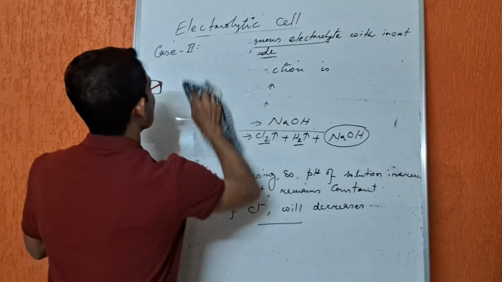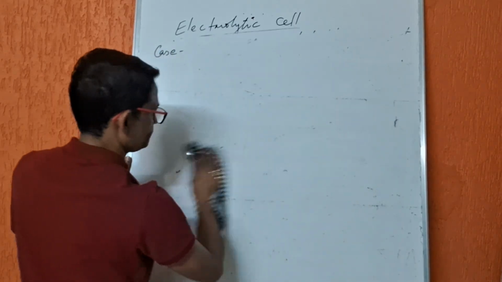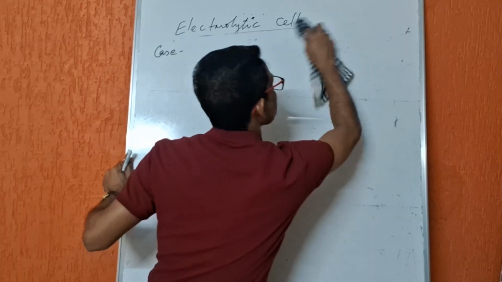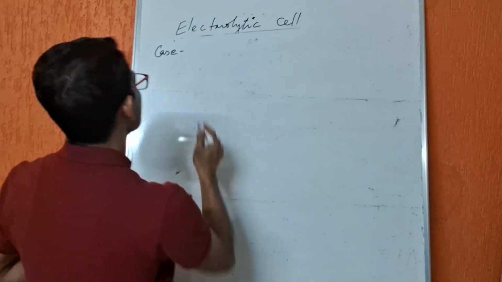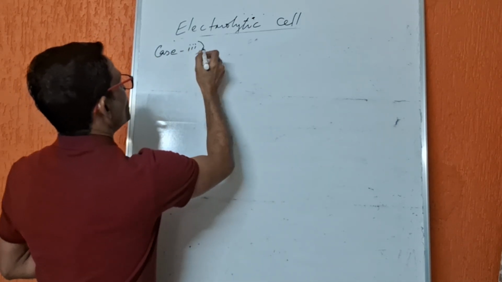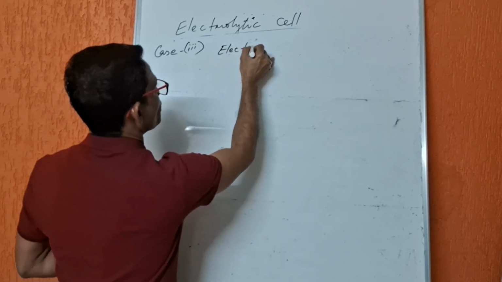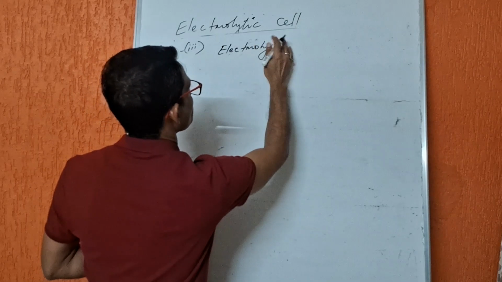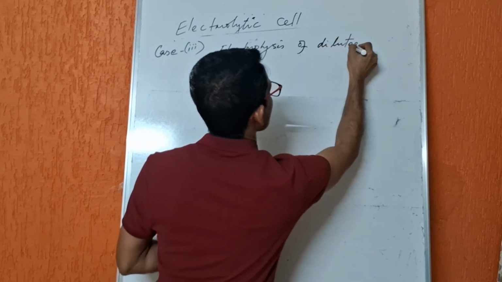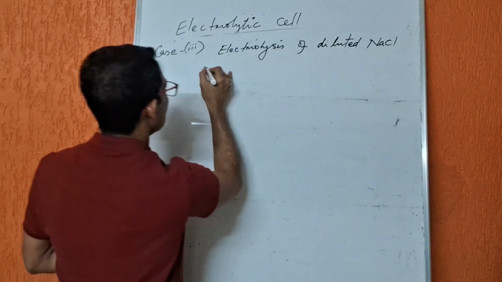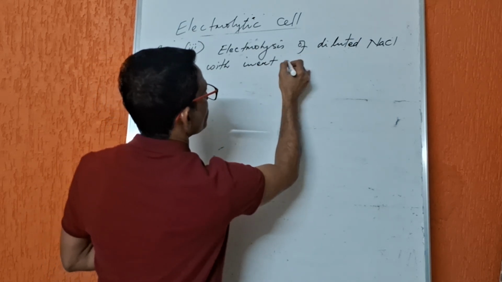Case number 3, electrolysis of diluted sodium chloride with inert electrode.